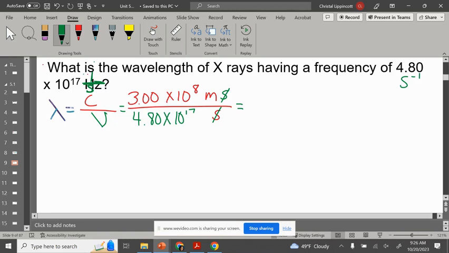Yeah. All right. So I want you punching that into your calculator, and I want to make sure that you get the right answer for it. You should end up with 10 to the negative 10 meters.